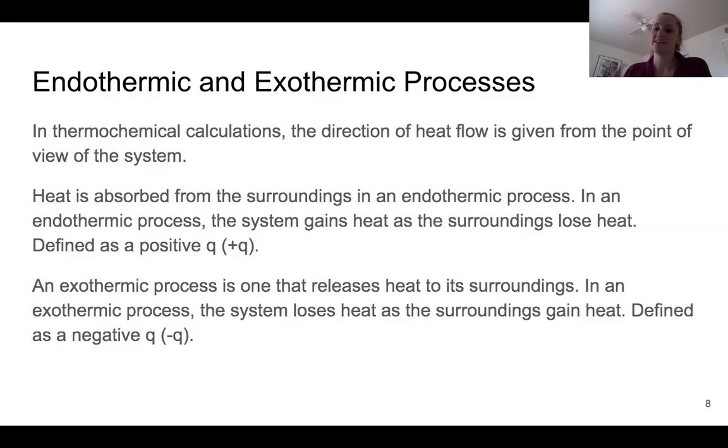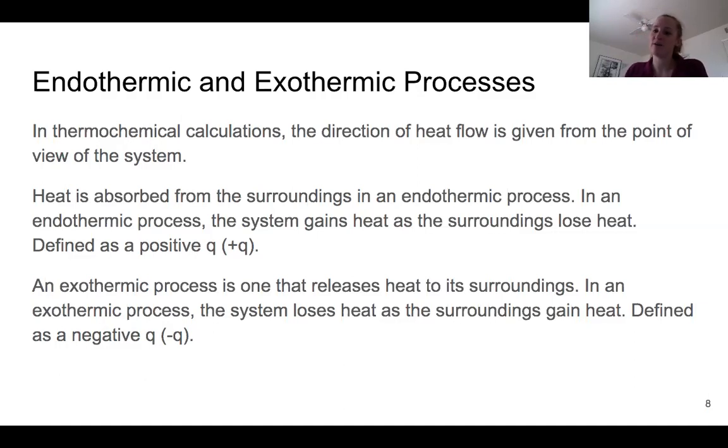Exothermic is the exact opposite. So I like to think of exothermic, exo kind of sounds like exit, right? So it is releasing heat into its surroundings. For example, let's say you're outside and you're running around and you're getting really, really sweaty. The reason that we sweat is so that it can cool off our body.